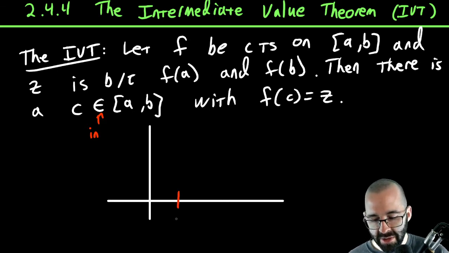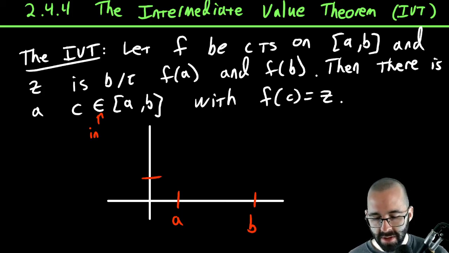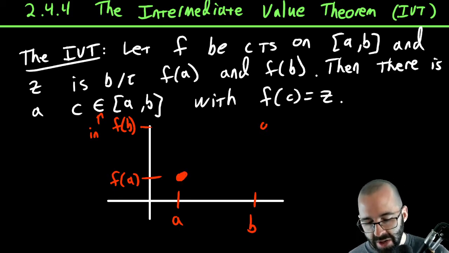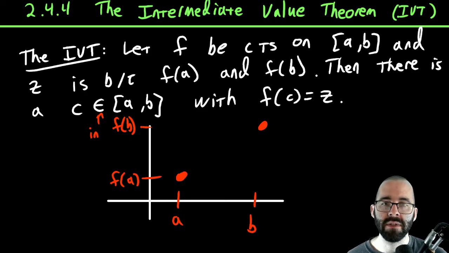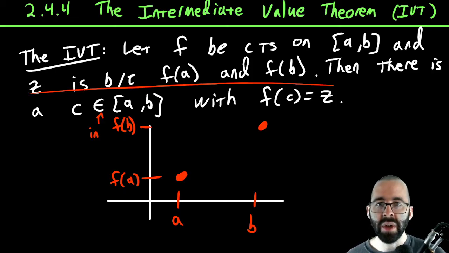That means that we have an interval from a to b, and this function is continuous everywhere in this interval. Well, this function has function values. So the function is defined here, and we know the function is defined here. It's continuous on this whole interval. So look, z is some number between these y values.